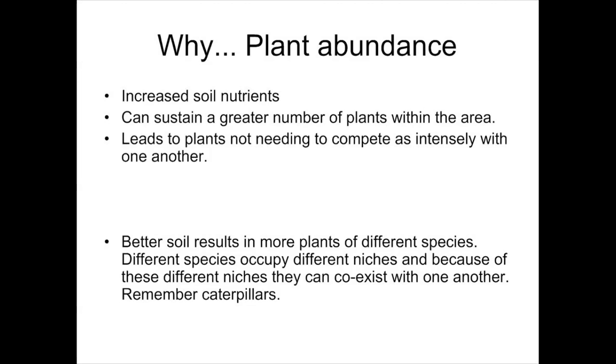Because better soil results in more different species, we've got more of these different niches, and because we have more of these different niches occupied, we can have potentially a greater number of plants in total. Yes, hopefully you can understand that.